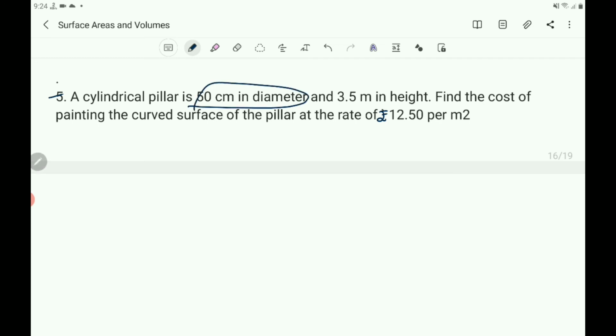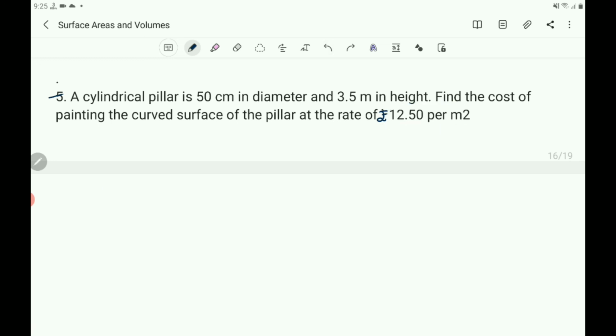Diameter of the cylindrical pillar is given and also its height is given. And what you have to find out? We have to find the cost of painting the CSA of the pillar at the rate rupees 12.50 per m square. We have to find the CSA of the pillar and that CSA must be multiplied by 12.50.